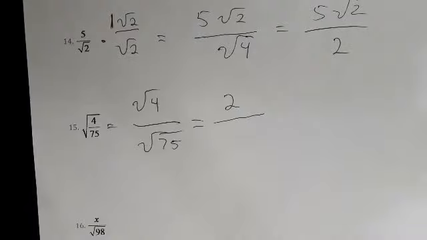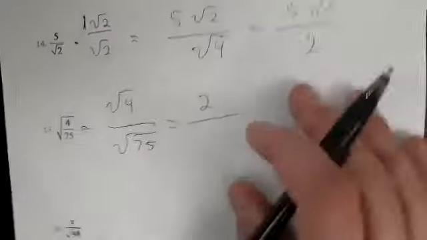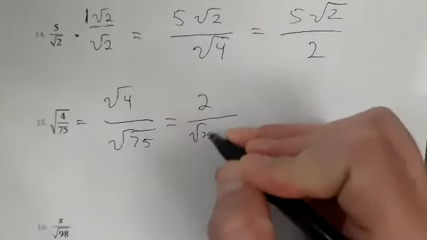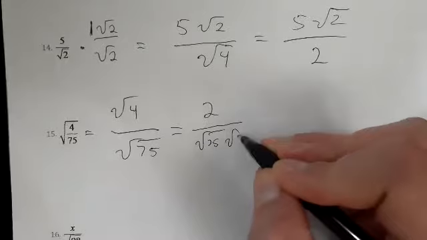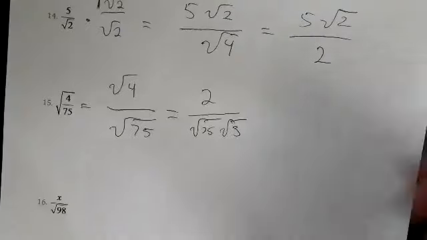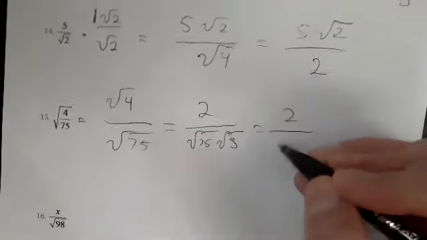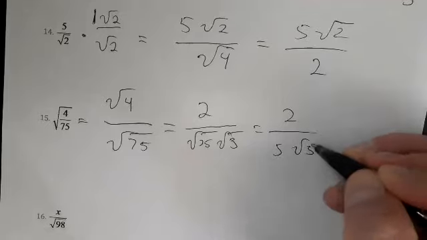So if this is the square root of 75, I'm thinking there's a 25 in there, which is an even root. 25 and 3. So 5 square root of 3.